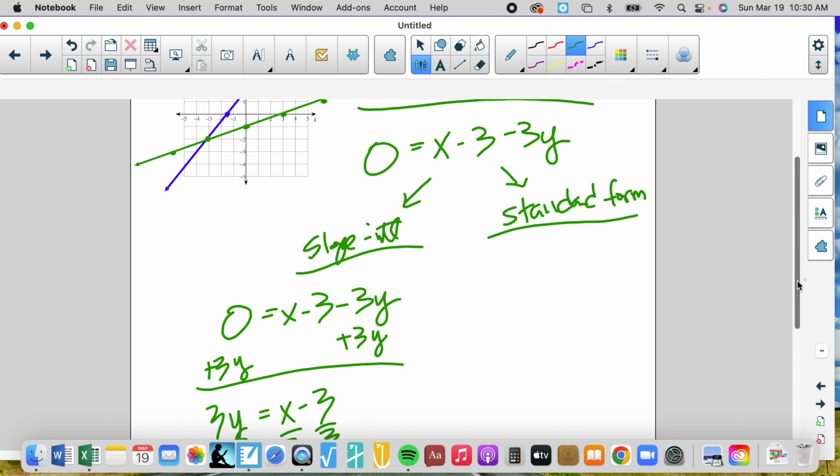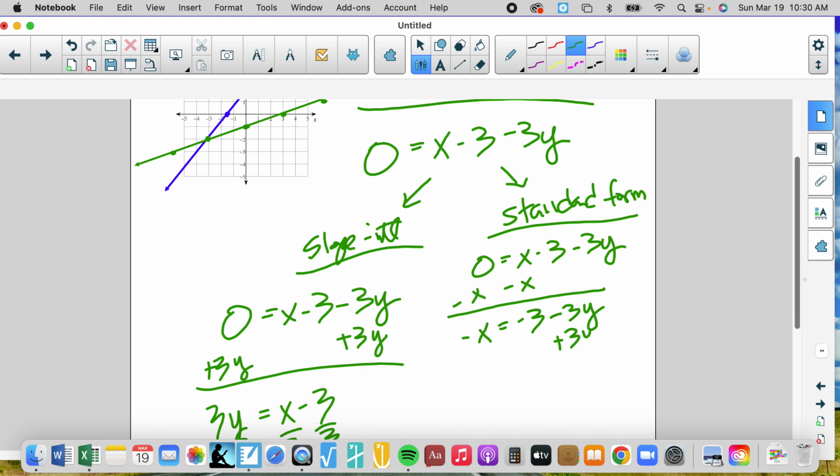So standard form, we start off with the equation 0 equals x minus 3 minus 3y. So I'm going to subtract x from both sides. I get -x equals -3 minus 3y. I'm going to add 3y to both sides.